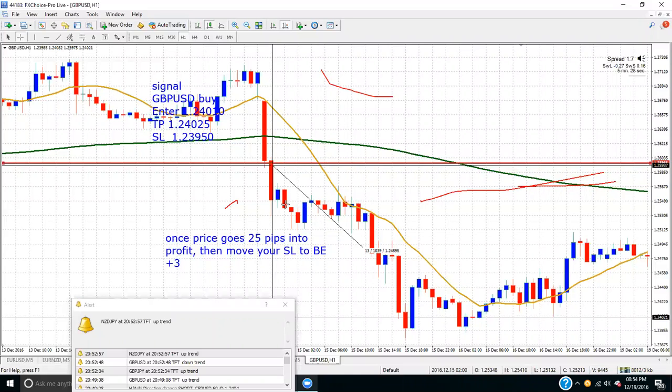Of course, you could have re-entered, but you're never going to have as good of an entry as this one. So to be honest with you, I just leave my stop loss up here, and sometimes, if I go into 50 or 90 pips, then I'll start doing partial closes.